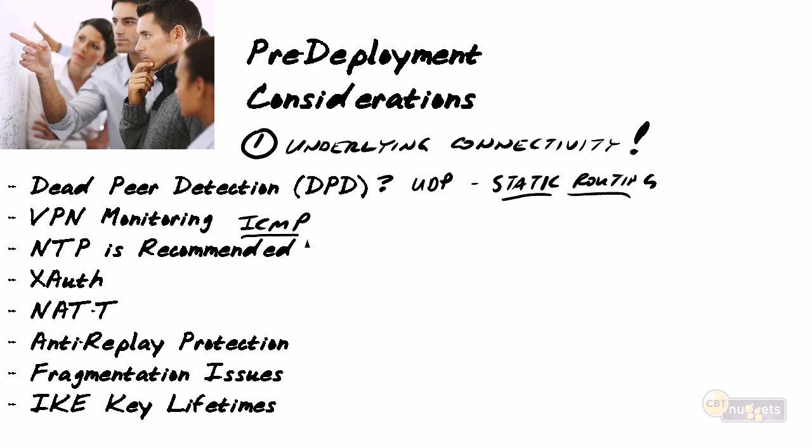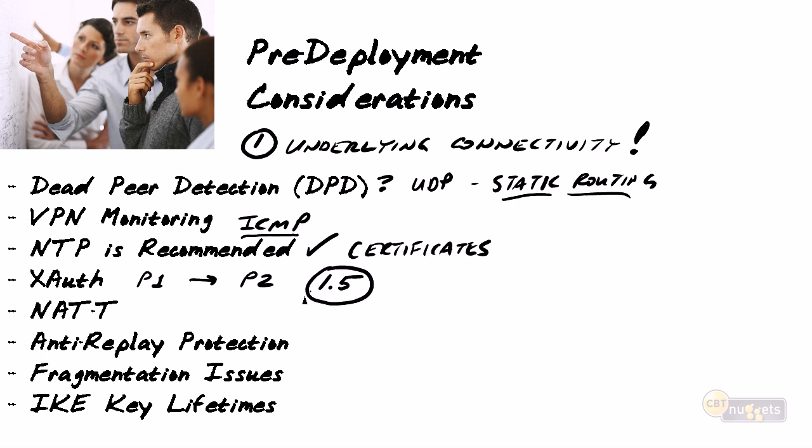Okay. Also, network transport protocol is recommended, highly recommended, especially if you're using certificates as opposed to pre-shared keys. There's also XAuth. We know that there's IKE Phase 1, and then it goes to IKE Phase 2. XAuth is kind of what we call IKE Phase 1.5, okay?